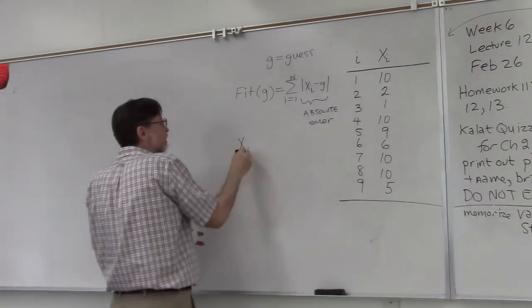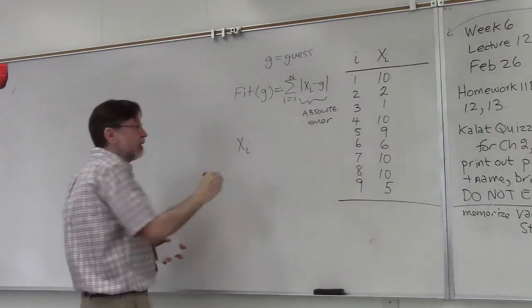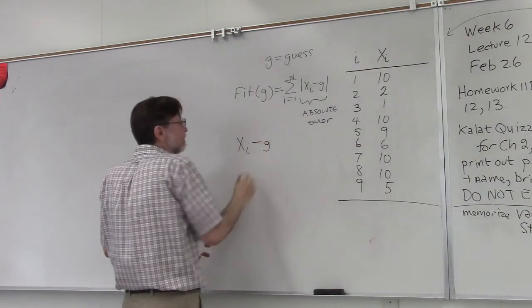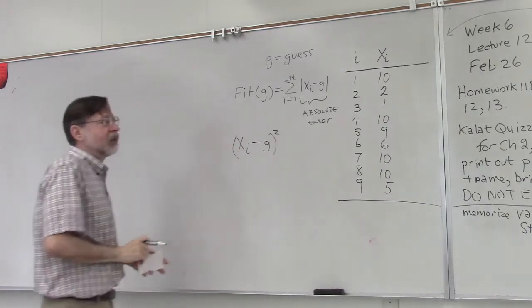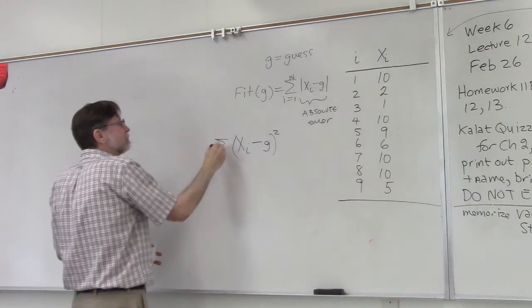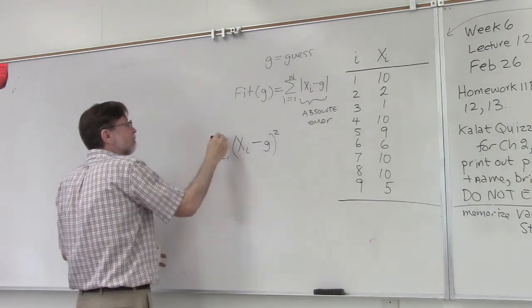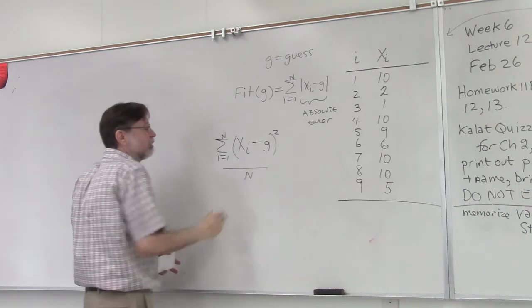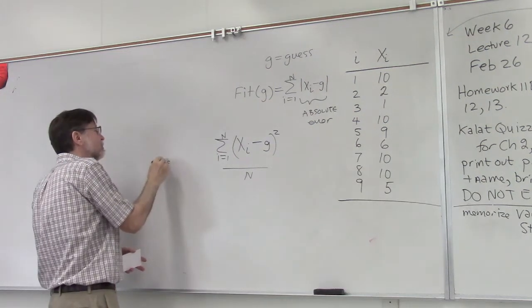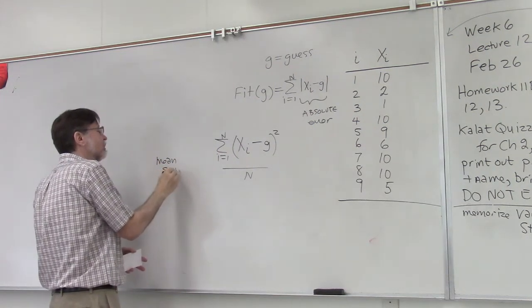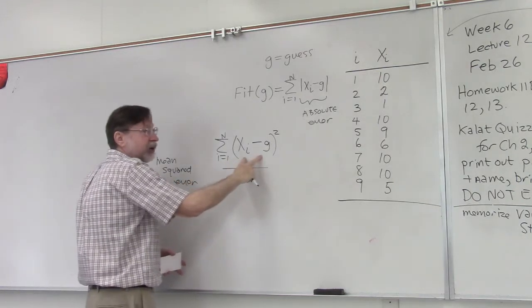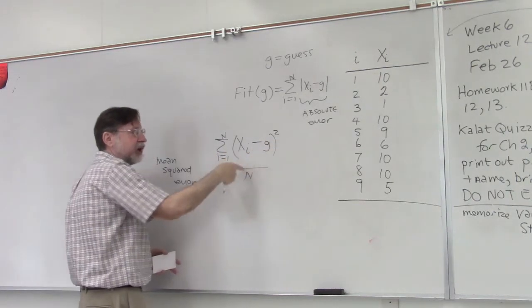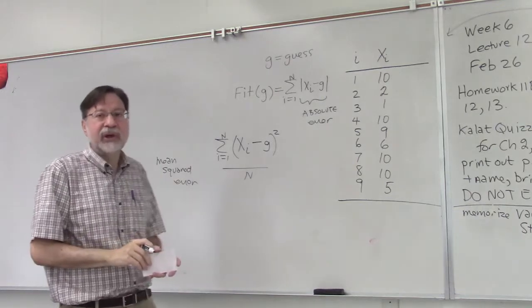We take x sub i, that's the actual number, subtract your guess, and then we square it, and we're going to add them up and divide by the number of numbers, and that's the mean squared error.